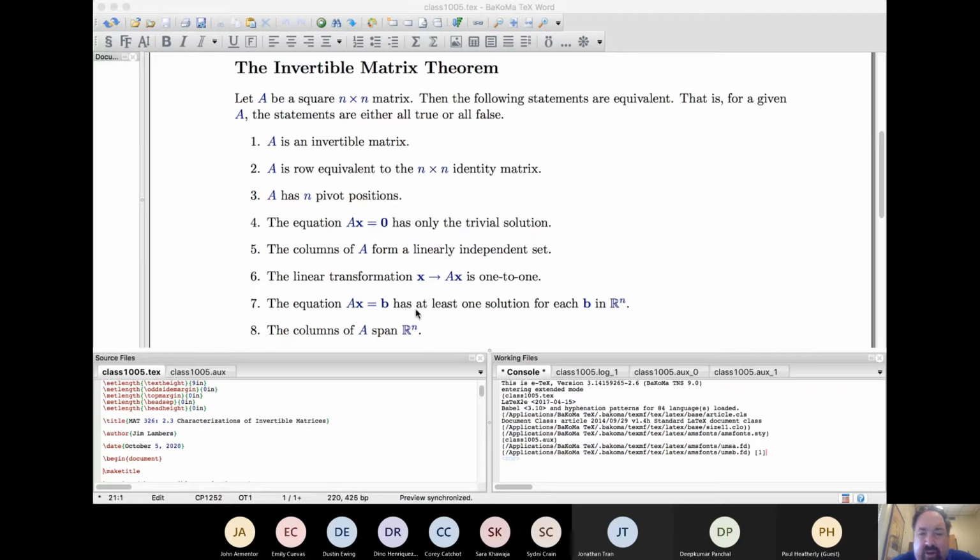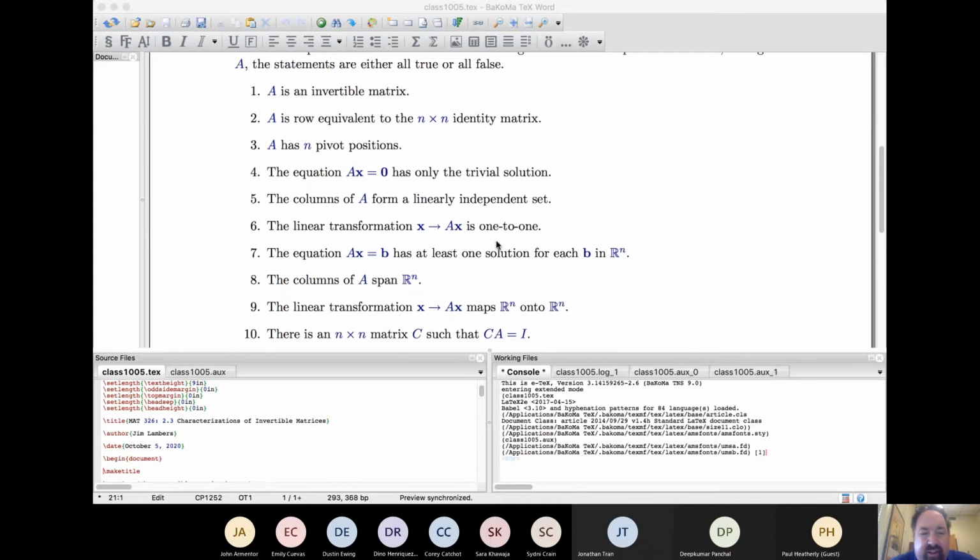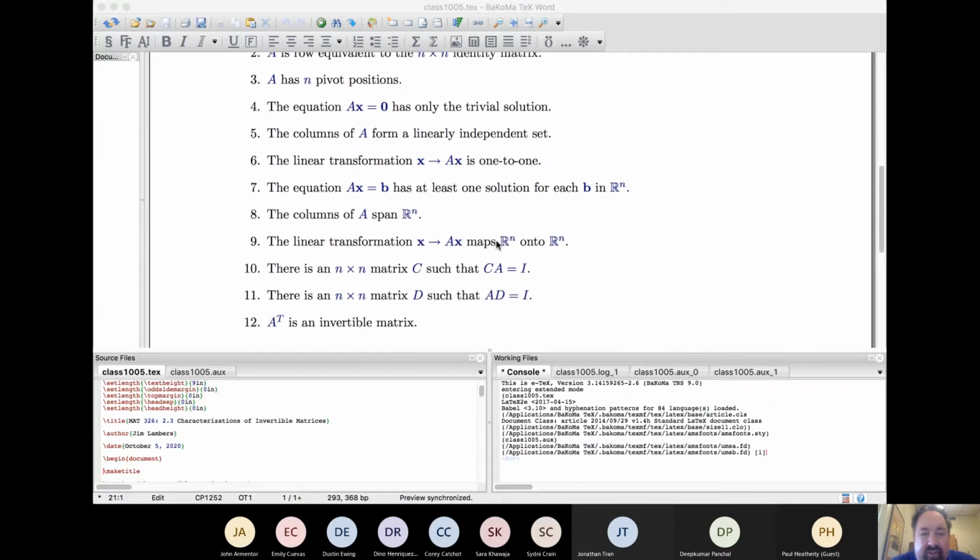Ax equals b always has a unique solution. Actually, I'm surprised the theorem doesn't say this, it's actually not just at least one solution, it's a solution that's unique. Ax equals 0 has only the trivial solution. The columns are linearly independent, and so on. So these give ways to determine more rapidly whether a matrix has an inverse.